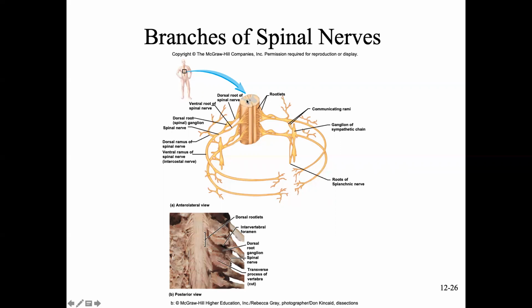Pretty easy. In autonomic, the first cell body comes out through the ventral root, goes out through the rami communicans, synapses with a second cell body that is found as part of our sympathetic ganglia. Then the cell bodies that are part of sympathetic ganglia, those are the neurons that directly connect to the heart, that connect to the lungs.